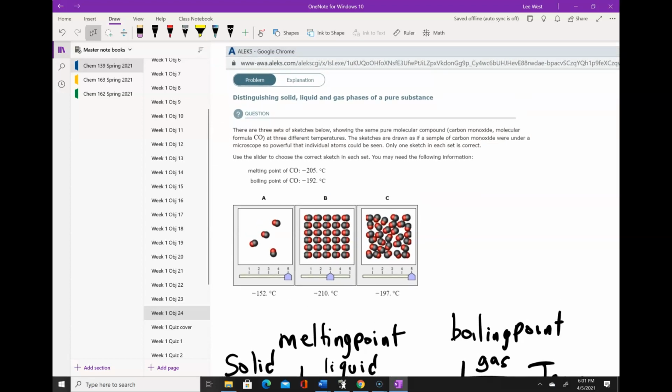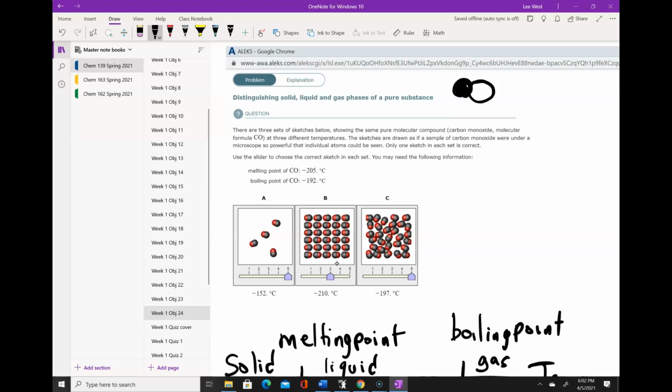Let's read this. It says there are 3 sets of sketches below showing the same pure molecular compound, carbon monoxide, that has the molecular formula CO. So this is made up of molecules that contain 1 carbon atom and 1 oxygen atom. So they are diatomic, heteroatomic molecules.